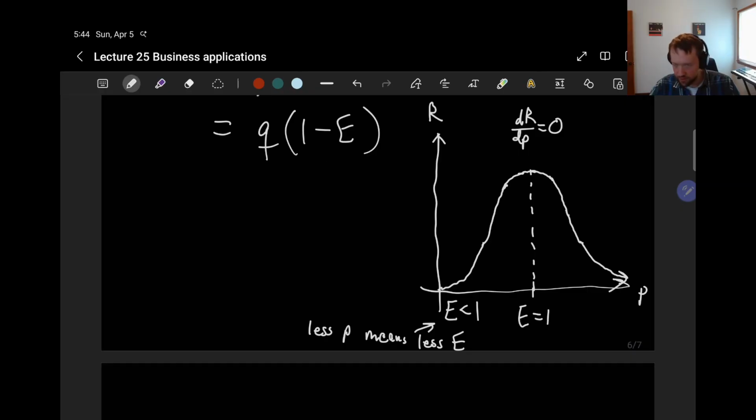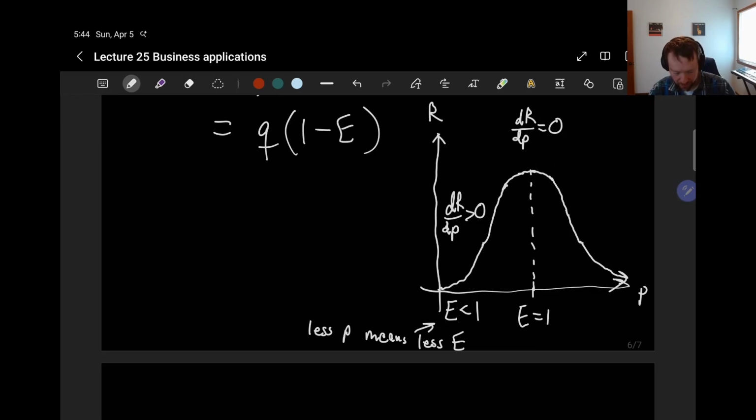So if E is a number smaller than 1, that means that we will be positive. So dR/dP will be positive on this side. And that's how I know I get this sort of bell curve shape. We're increasing on the left side.